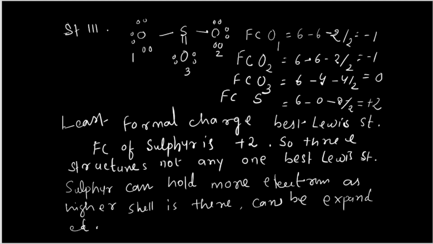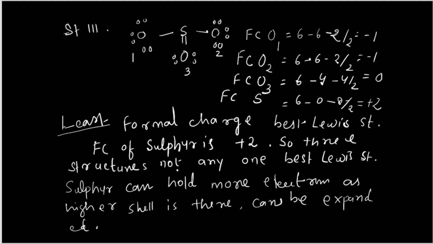But we know the least formal charge, I told you before also, that is the best Lewis structure, but structures 1, 2, 3 have no least formal charge. The formal charge of sulfur is +2.